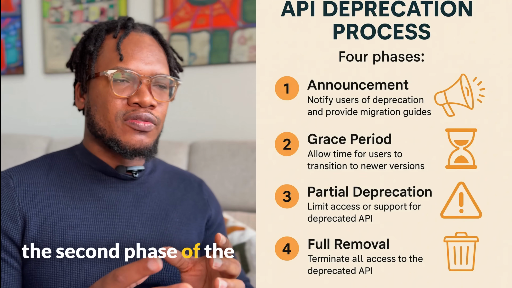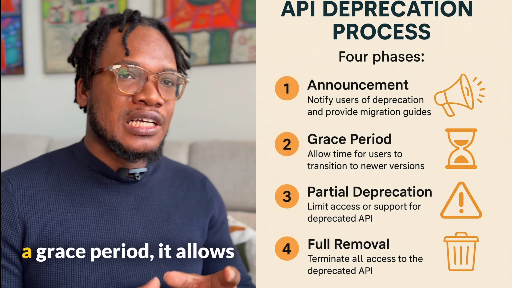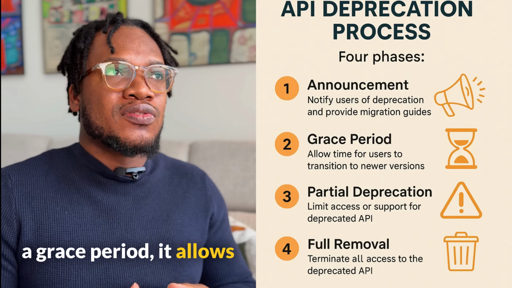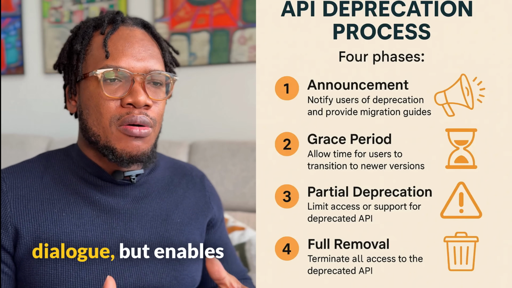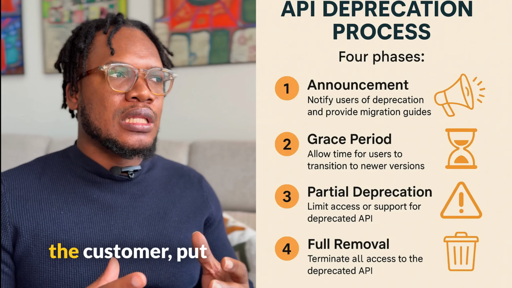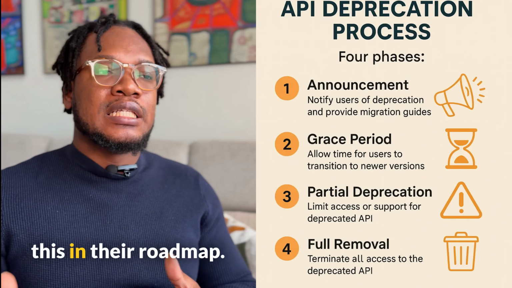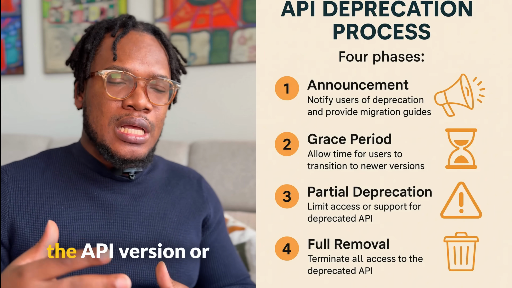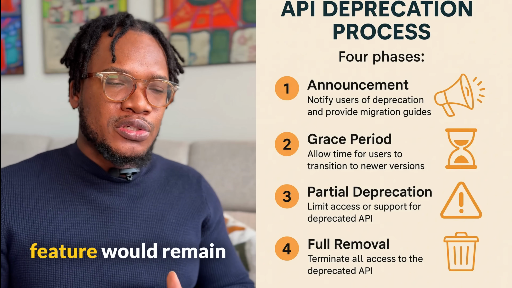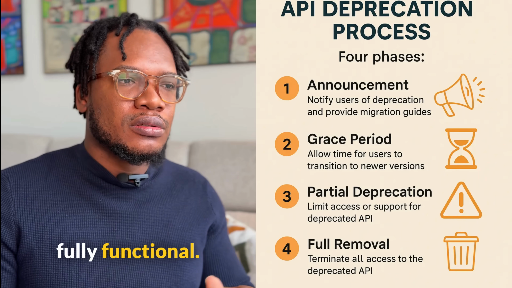The second phase of the deprecation process is a grace period. It allows a short or long term period, not necessarily dialogue, but enables the customer to put this in their roadmap. So this allows a grace period during which the API version or feature would remain fully functional.